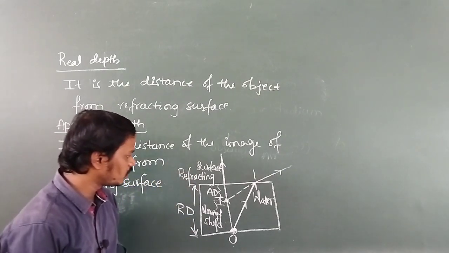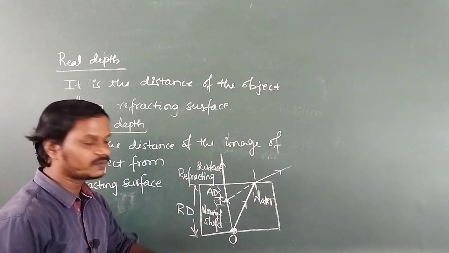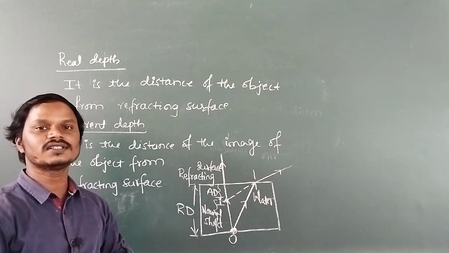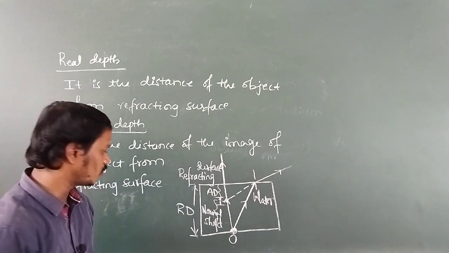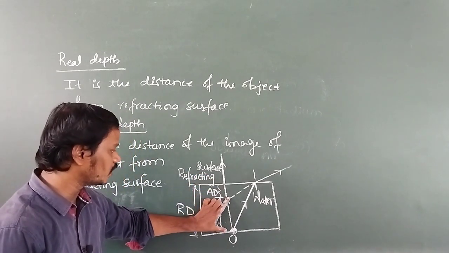Now in the diagram, this is apparent depth and this is real depth. But where is the object placed? The object is placed in the denser medium. Okay. Then what is the expression for normal shift? So real depth minus apparent depth, that gives normal shift.